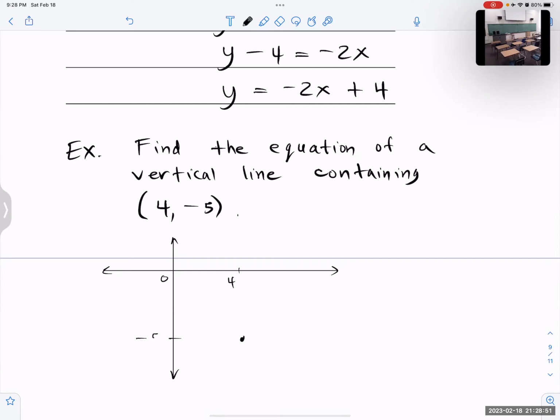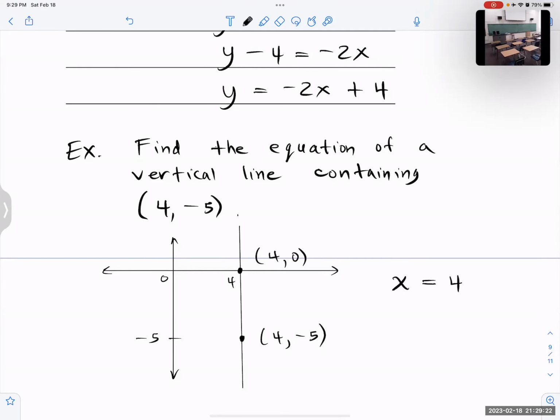So since the line is vertical, it will contain the given point, and every point on this vertical line is going to have an x coordinate of 4. So since x equals 4 for every point on this vertical line, the equation of the vertical line is x equals 4.